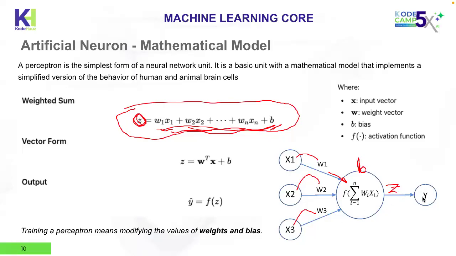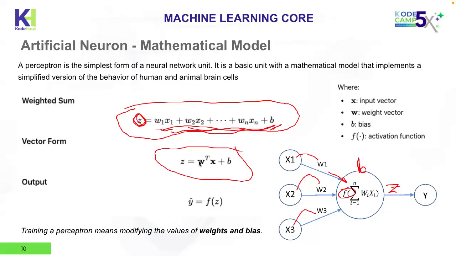Now, you take this Z and then you pass it through an activation function. That's what this F represents. So this activation function is basically a function where you pass the linear combination through it, and then that is what comes out. So actually Z is not this. Sorry, Z is the summation of Wixi, which we can also represent in the vectorized format as W transpose X plus B, right?